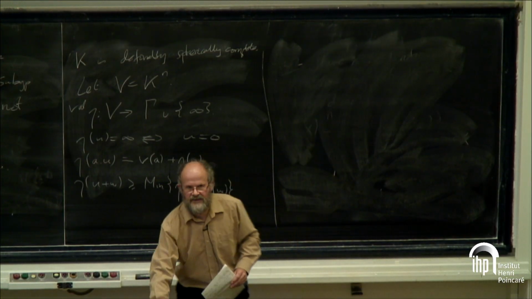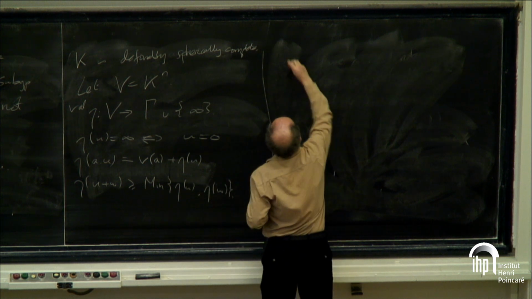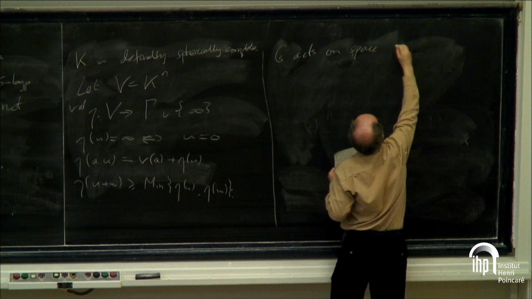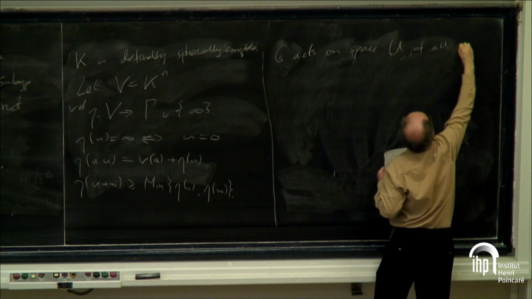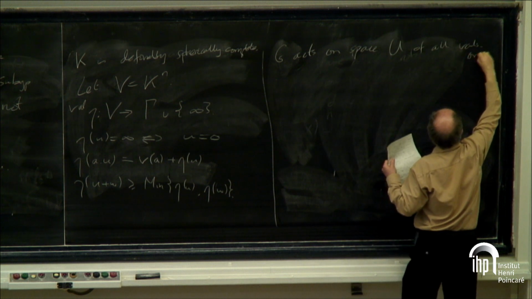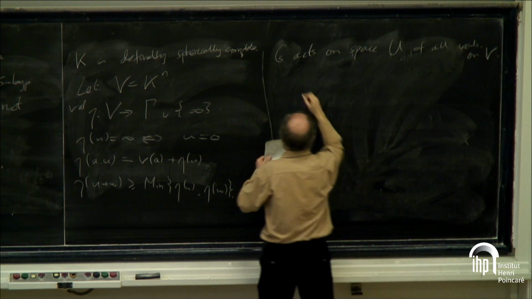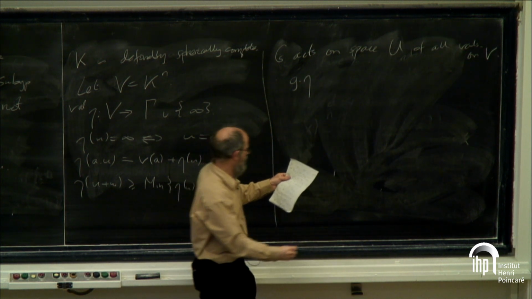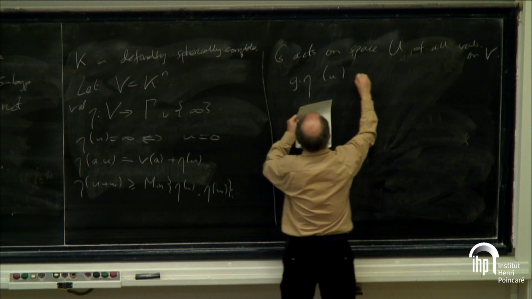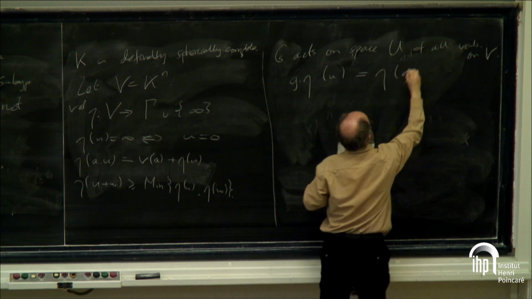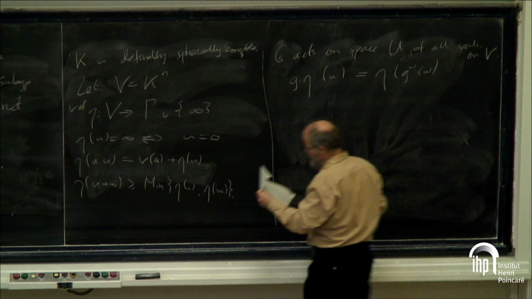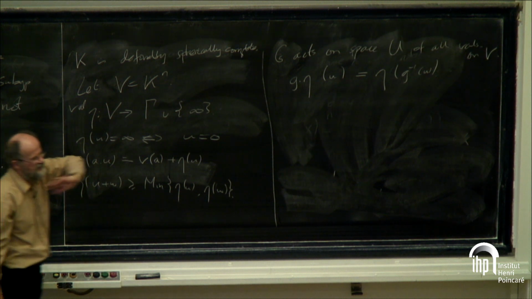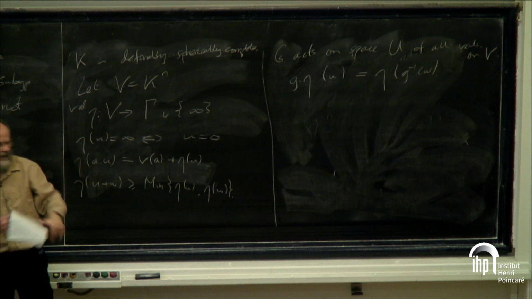So G acts on the space U of all valuations on V. The action would just be: if eta is a valuation, G of eta applied to a vector u should just be eta of G inverse of u. That's a pretty good action. And this is stemming from the argument of Bauer, I guess.